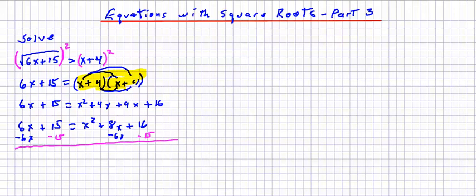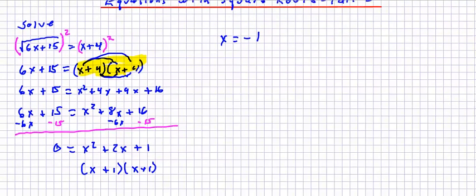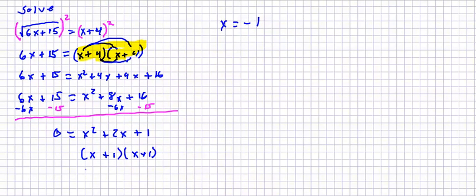And I end up with 0 equals x squared plus 2x plus 1, or x plus 1 times x plus 1. So we know that x is equal to negative 1. When you set x plus 1 equal to 0, you get x equals negative 1.